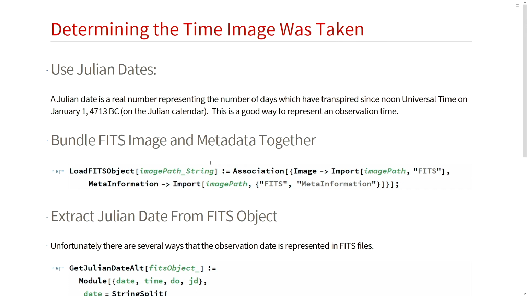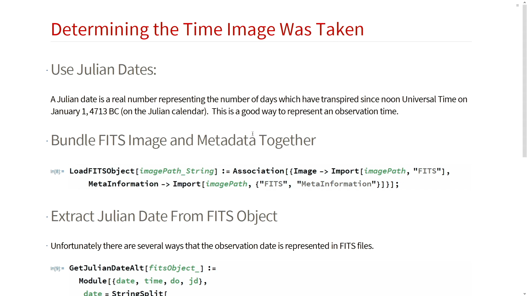And what this does is it takes a path to our FITS file, and it creates an association with two parts. The first part, the image part, it just imports the image data from the FITS file. And then the meta information part, it just imports the meta information from the FITS file. And it puts that into an association. It keeps them together so we can get the Julian date and link it to the image data.